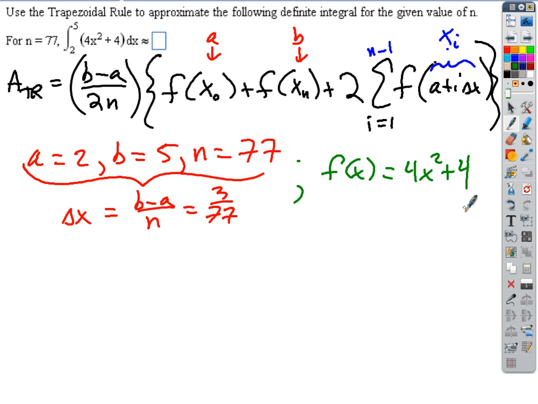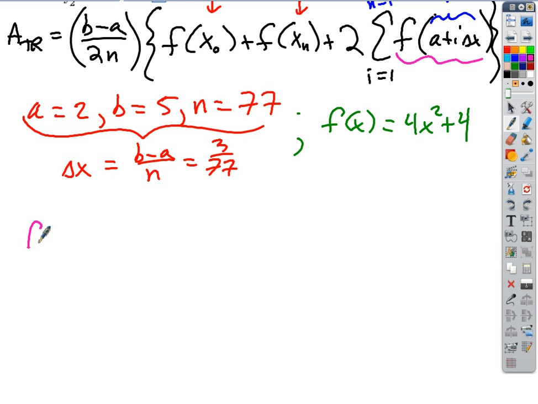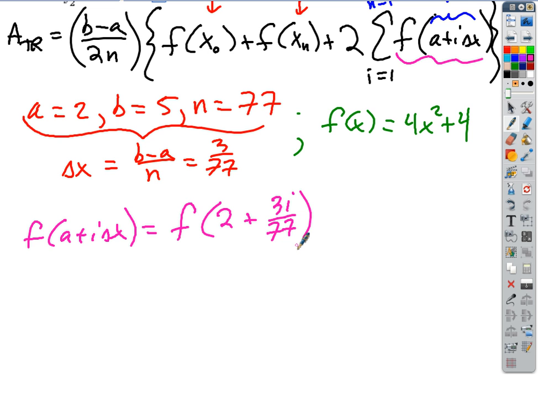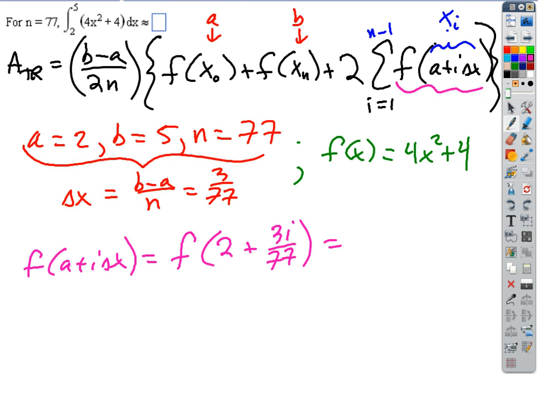Okay, good. So then we're going to take this information and plug it into this function to represent all that stuff, right? So what's that going to look like? Let's take this thing right here and see what that's going to look like. So f of a plus i delta x is f of 2 plus i times delta x, which is just 3i over 77, right? But f of x is 4x squared plus 4, right?